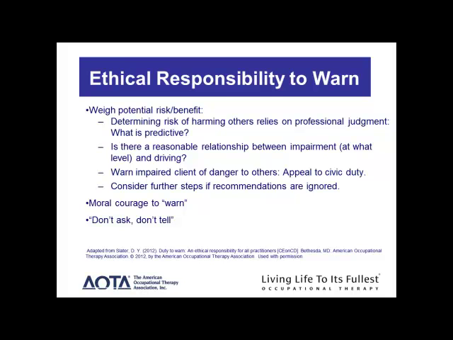Both client and public, as well as the therapist, are potentially at risk. These can be consequences of failure to warn. In analyzing ethical dilemmas, one of the last but most important steps is deciding on an action and doing it. The doing part is the critical piece, as without action, again, change will not occur.